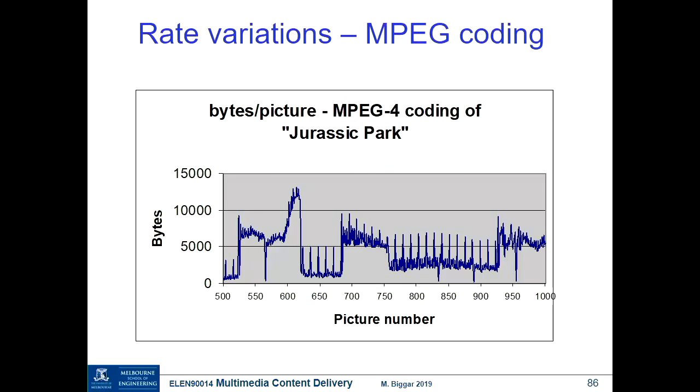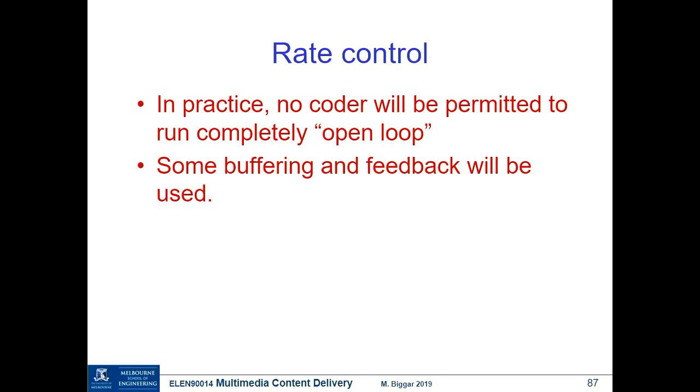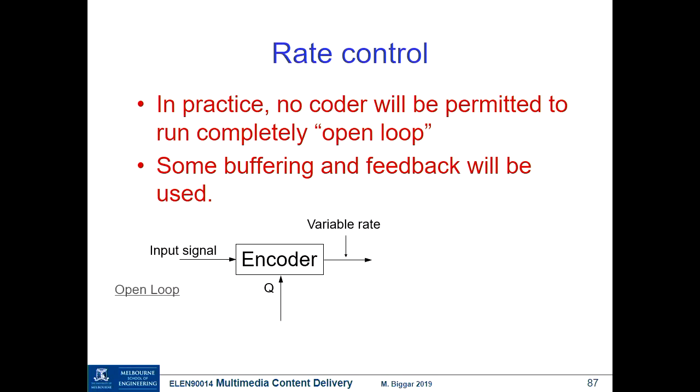We can't control it. If we have a sudden spike in the bitrate, that might be generating bits at a faster rate than we can actually store on disk, or burn onto an optical disk, or our interface rate into our network might not be fast enough. So we would put some sort of buffering, and we would have a feedback mechanism to make sure that the rate didn't exceed certain limits.